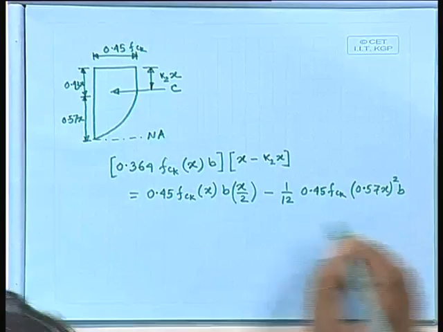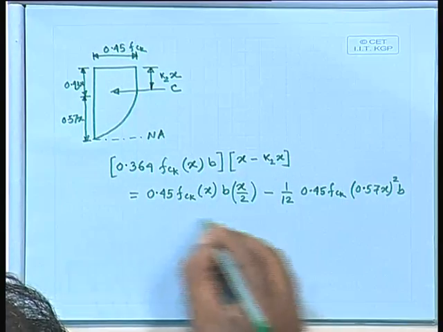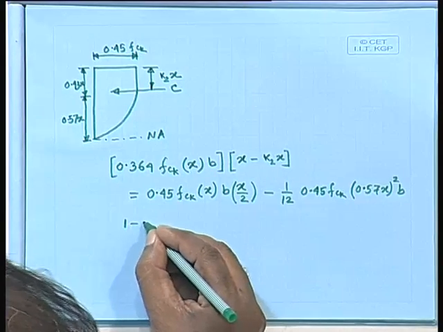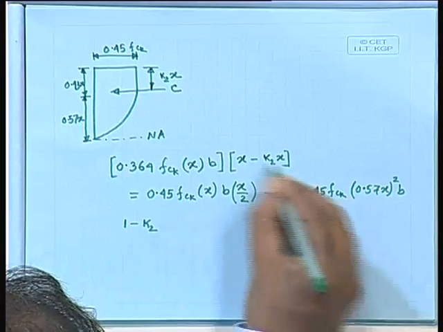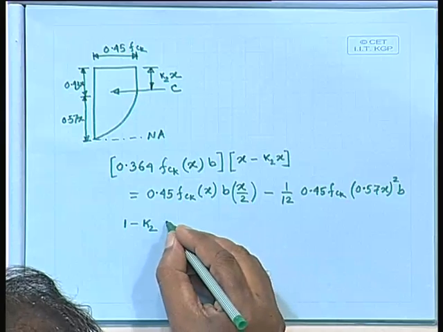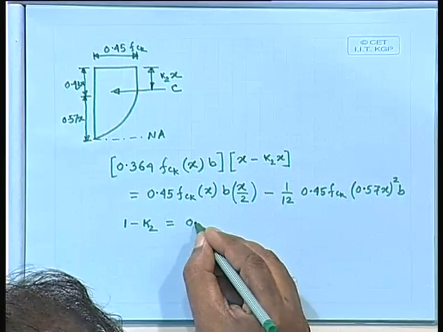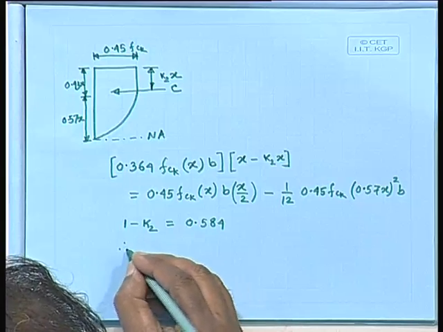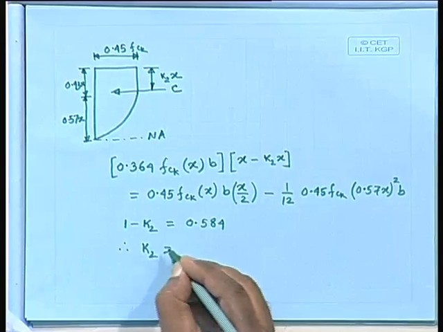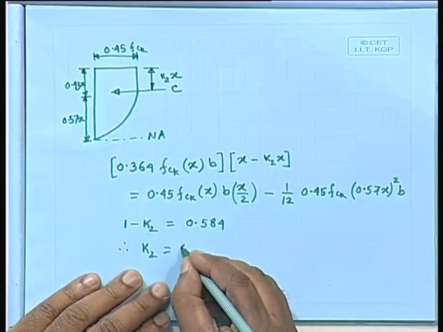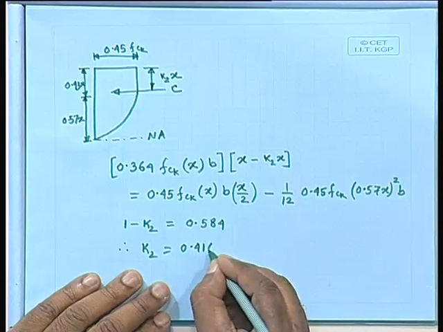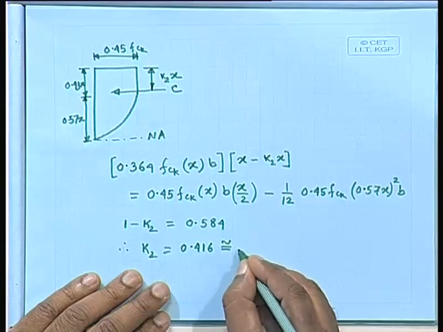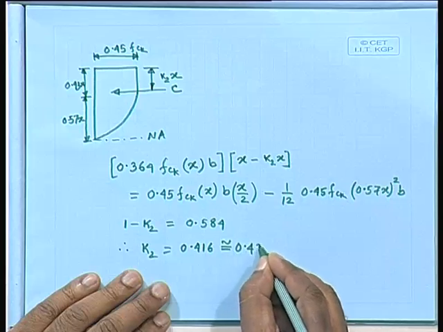So, we shall get this one, which equals 1 minus K2, if we simplify it, equal to 0.584 for K2 equals 0.416, or we can say, let us say 0.42.